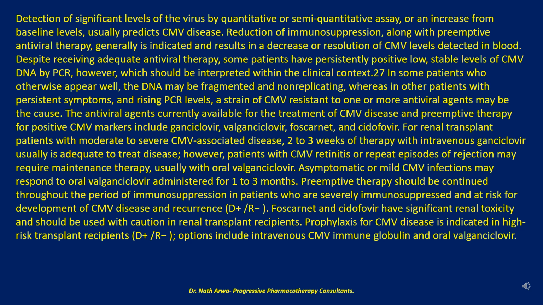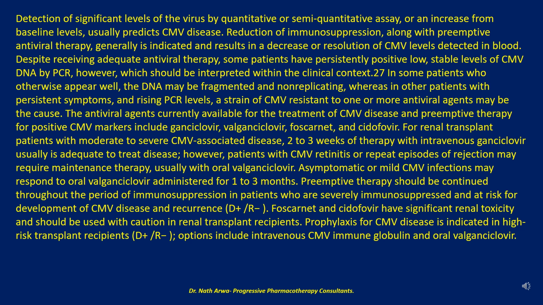The antiviral agents currently available for the treatment of CMV disease and preemptive therapy for positive CMV markers include ganciclovir, valganciclovir, foscarnet, and cidofovir. For renal transplant patients with moderate to severe CMV-associated disease, 2 to 3 weeks of therapy with intravenous ganciclovir usually is adequate to treat disease.